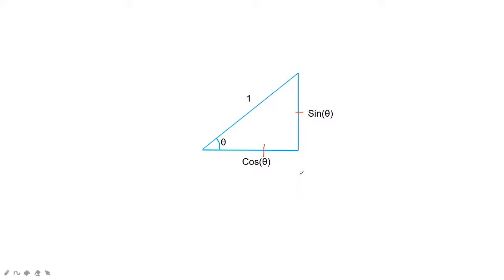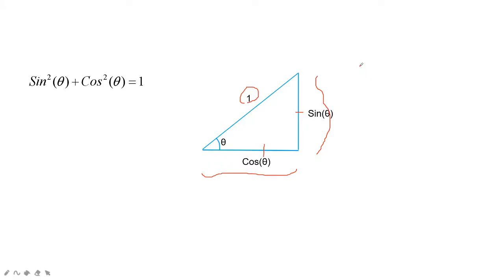That means the sum of the square of this side plus the square of this side is equal to the square of this side, the hypotenuse. That is what Pythagoras theorem says for any right triangle. Let us apply Pythagoras theorem here. When we apply it here, what does it say? Sin square theta plus cos square theta is equal to 1.